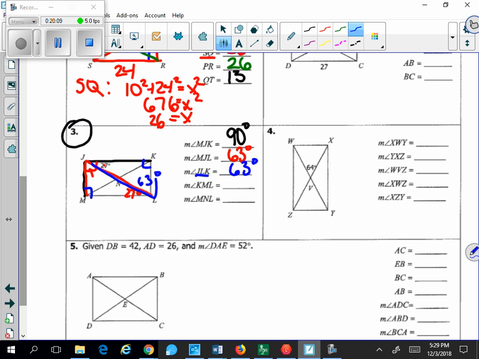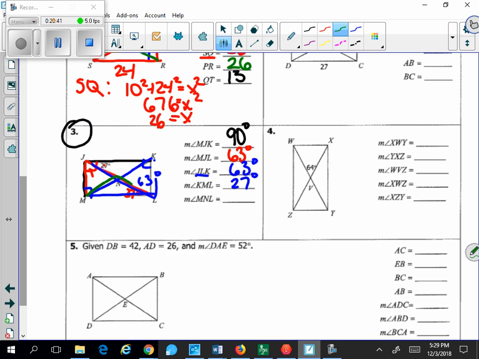And then if we keep going on there, like I said, a lot of this stuff is very similar throughout this whole triangle. Angle KML, which is this one right here, that angle is also going to be 27 degrees. And angle MNL, this one is a little bit different. That's this one.